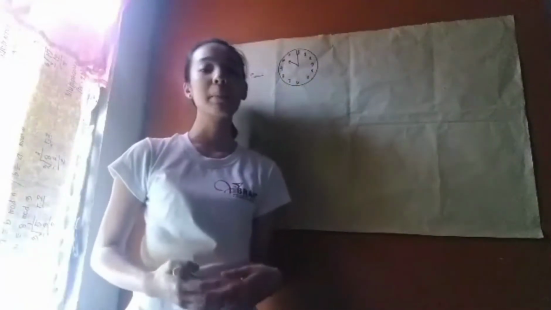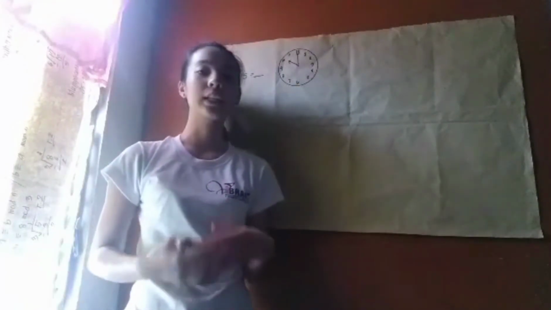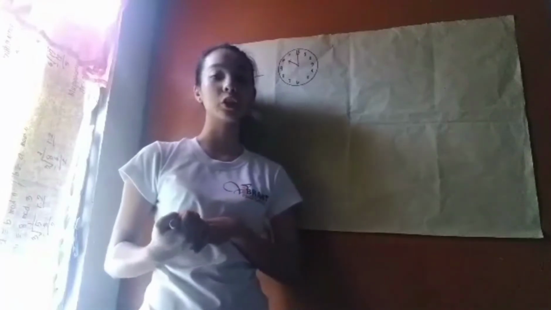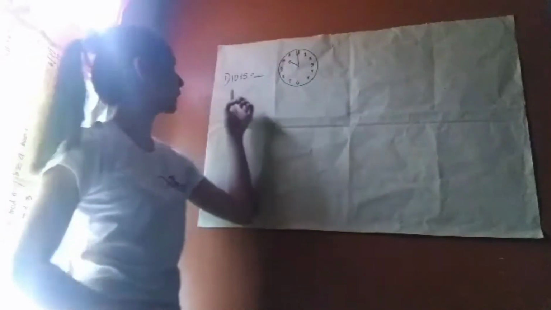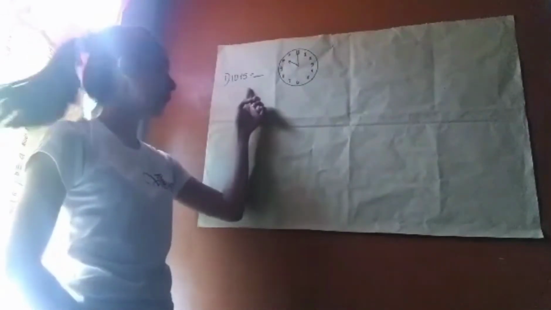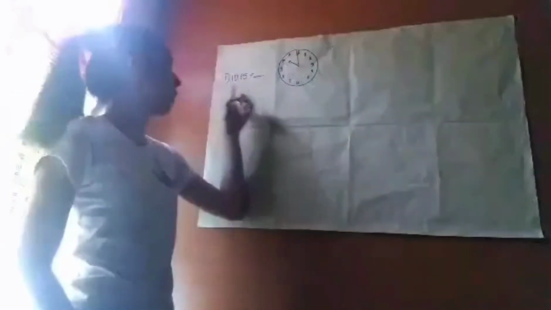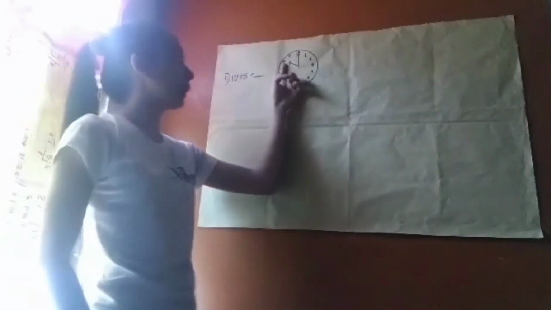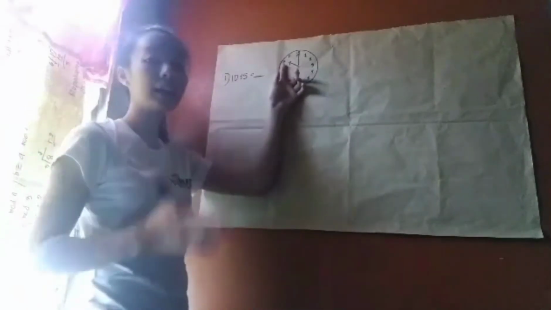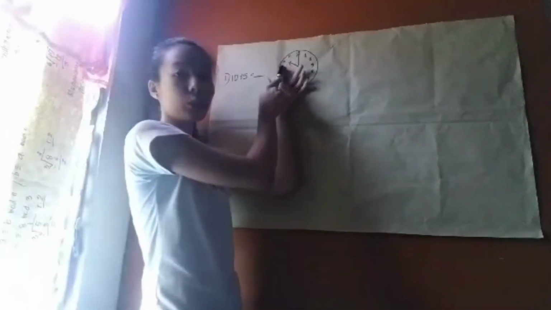Modular arithmetic is a system of arithmetic for integers, and it was developed by Carl Friedrich Gauss. As you can see, I drew a clock at my left side. Given the example 10 plus 5 is equal to blank. Since the first number is 10, the hour hand of the clock is pointing to 10.